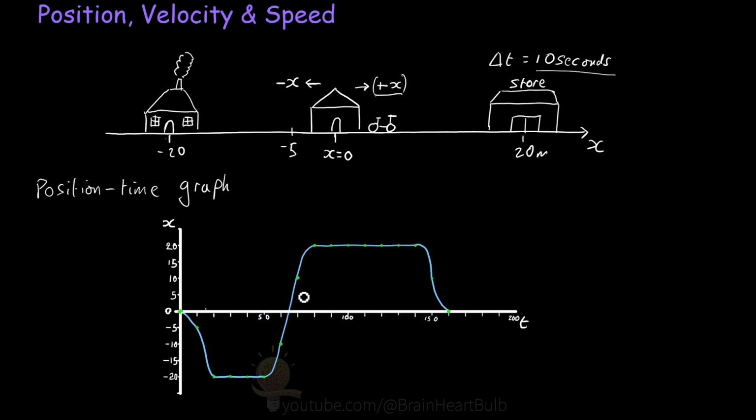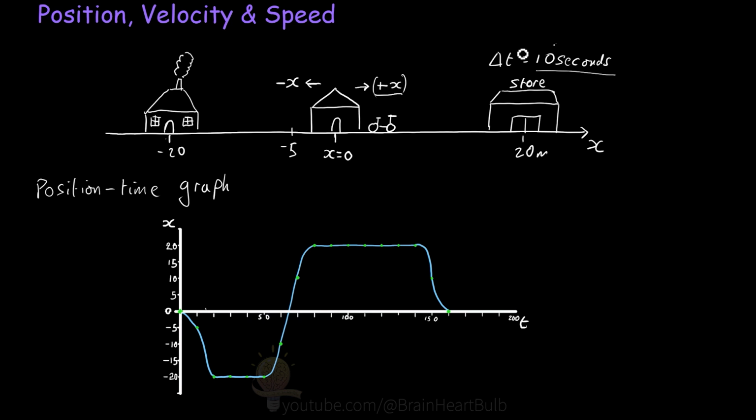This blue line here gives no indication of the exact position I was in between these 10-second intervals. Now, a very important definition you need to be aware of is displacement. The displacement of a particle is defined as its change in position in some time interval.